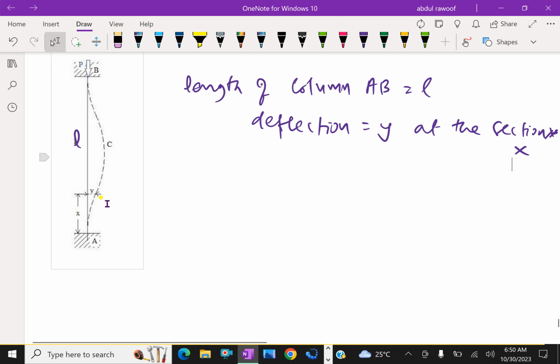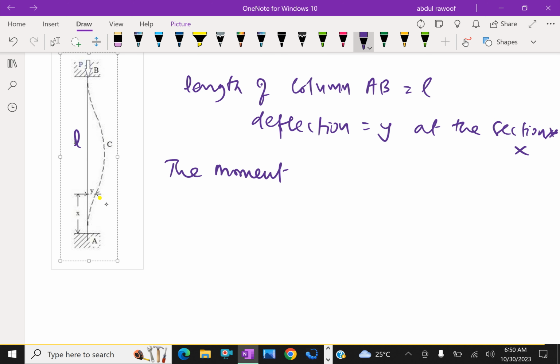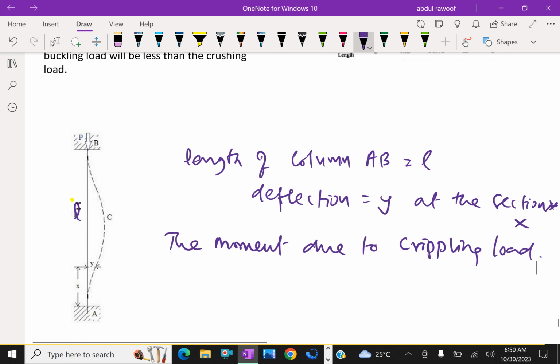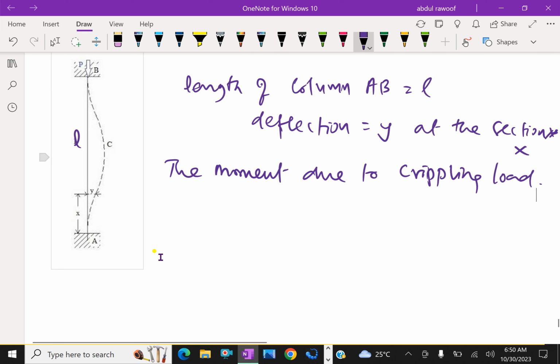Now the moment due to crippling load. That means when load is applied, the column cripples, and the moment of this load is minus Py.